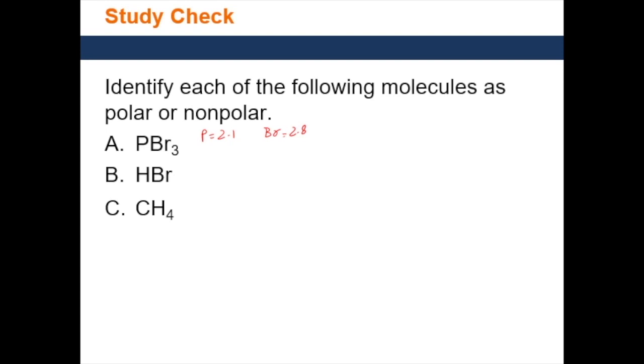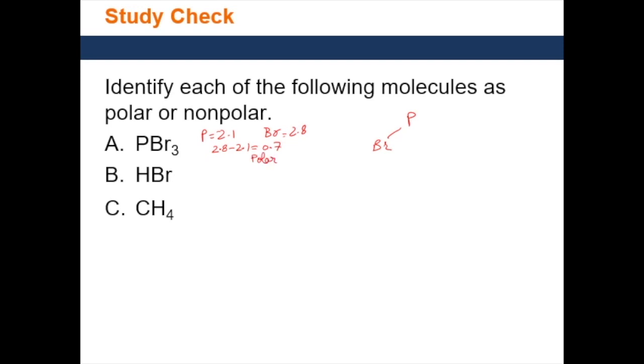Each bond between phosphorus and bromine, we have to see what would be the electronegativity difference. It would be 2.8 minus 2.1, which would give you 0.7. 0.7 basically means that the bond is polar.